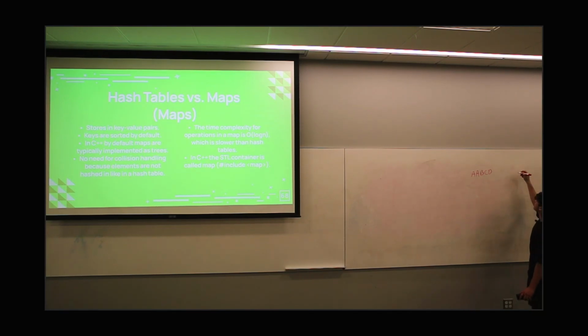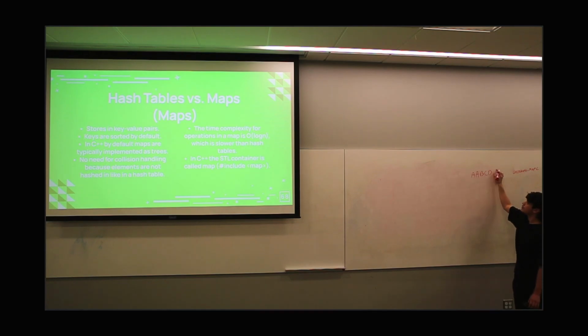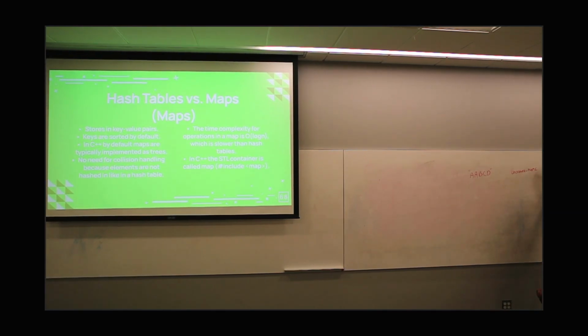We don't care about the order, so we're going to use an unordered map. What would be our key and value in this? We want each individual character, and we want to find the frequency of each character. So in this case, it would be char, int.